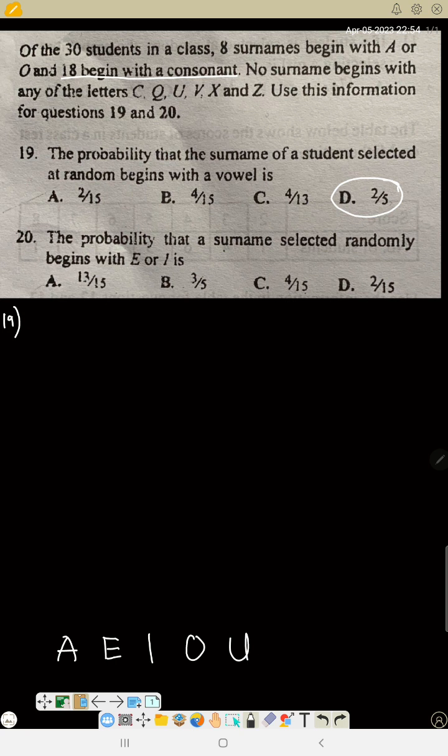So we just remove that 18 from the total, which means 12 begin with a vowel. So we've done that one.